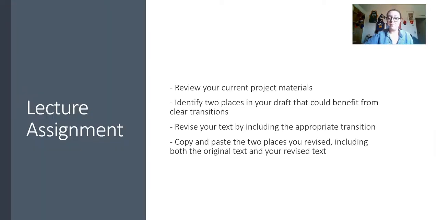For the lecture assignment, I would like you to perform the following tasks. First, I'd like you to review your current project materials. Regardless of what project we're on, wherever you are in the drafting process, just make sure you have access to those materials. As you review your drafts, I'd like you to identify 2 places that could benefit from clear transitions.